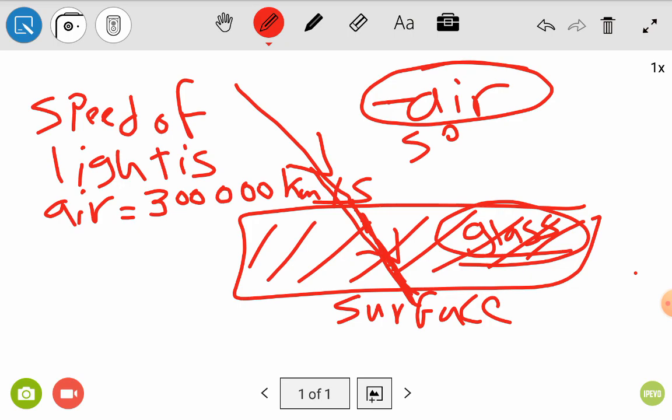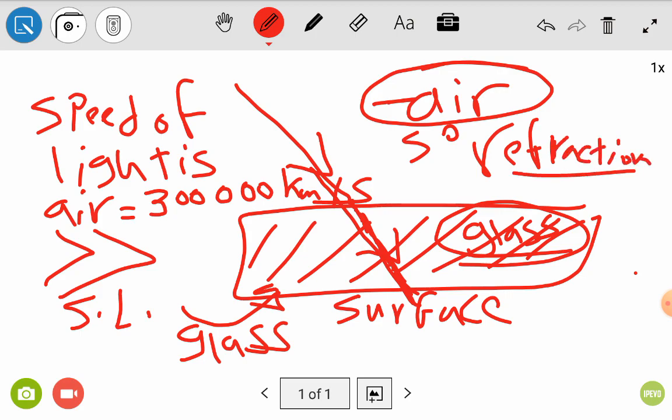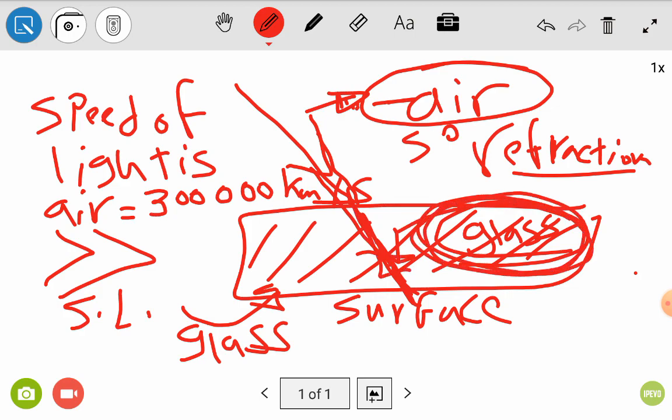Here, the speed of light in air is greater than the speed of light in glass. So guys, in refraction, the speed of the beam in the first substance differs from the speed in the second substance, from air to glass, from glass to air, and so on.